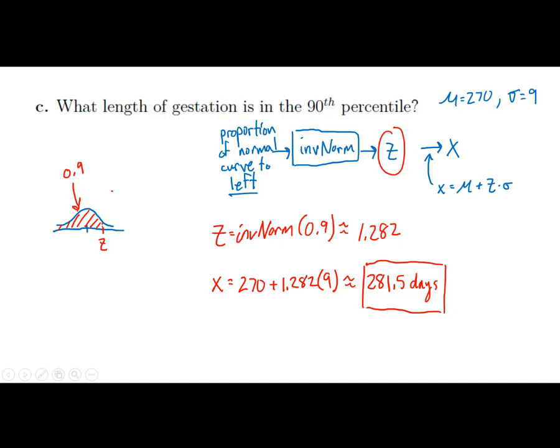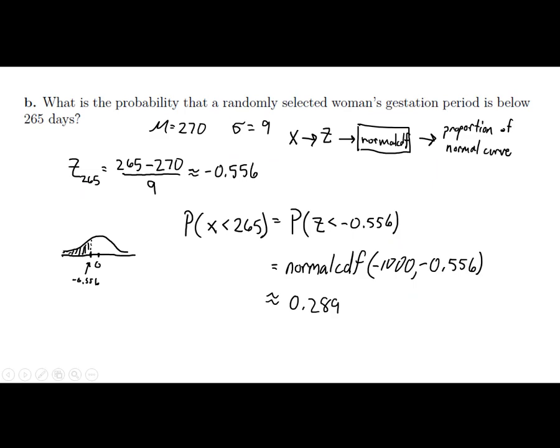You find your z-score with inverse norm and then use this formula to find the variable value. If, like in this last one, they're asking for a probability or a percentage, then we know that normal CDF is going to give that to us. And normal CDF needs us to tell it the z-score. So in order for us to tell it the z-score, we first have to compute the z-score for whatever variable values are involved in the problem.